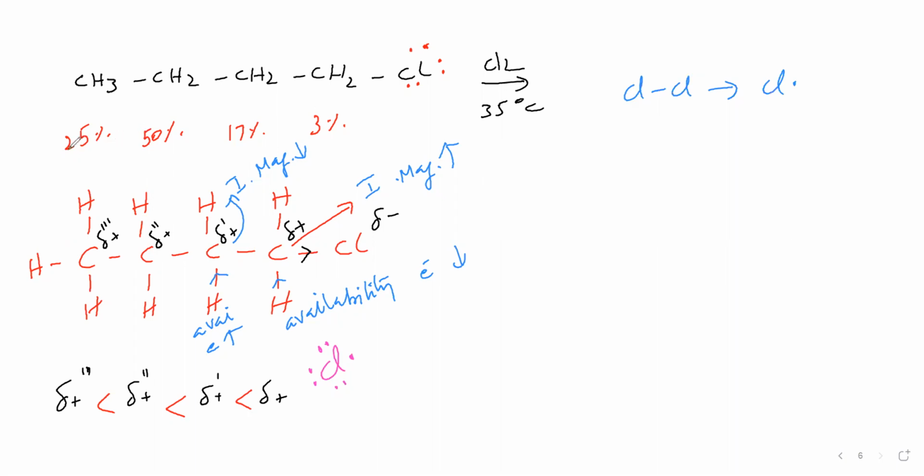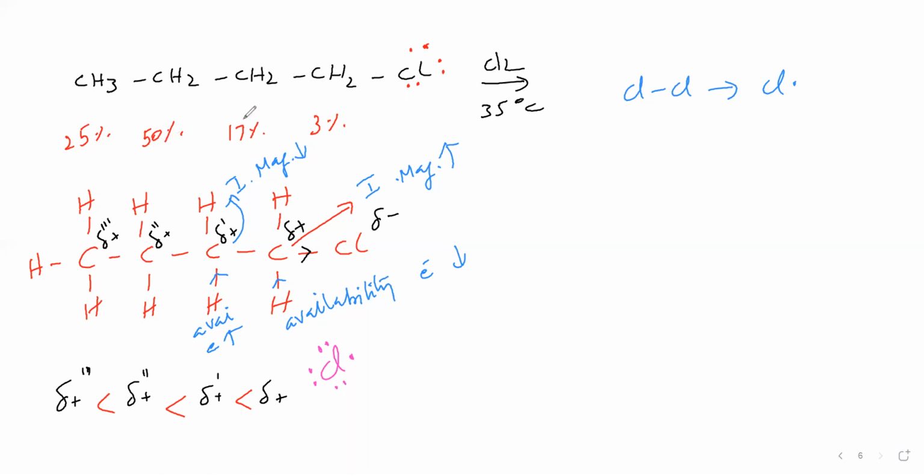But here this primary percentage is more when compared to this primary percentage, because inductive effect at this place is very much low when compared to this. Why is this less when compared to this? Because it is primary whereas this is secondary. Therefore, percentage is less here, more here.